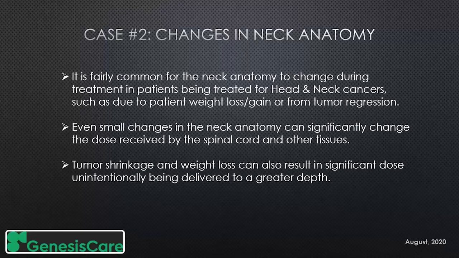Even small changes in neck anatomy can significantly change the dose received by the spinal cord and other tissues, as I'm sure most of you have experienced in your careers. Tumor shrinkage and weight loss can also result in significant dose unintentionally being delivered at a greater depth, and that is always a big concern with weight loss.